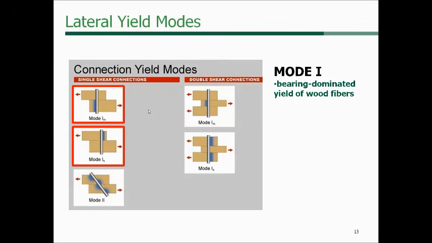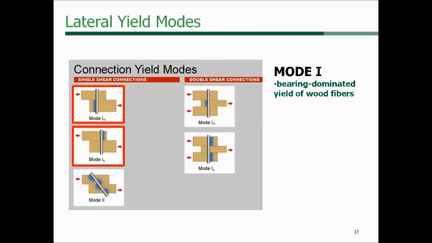So when we start looking at different yield modes in the NDS provisions for connection design, there are various yield modes that you look at to determine what would control for various different types of connection geometry.